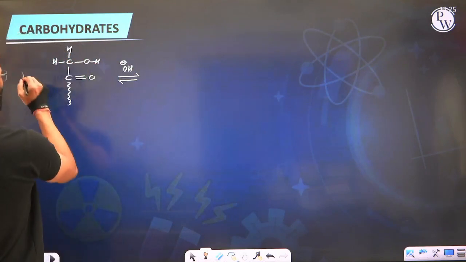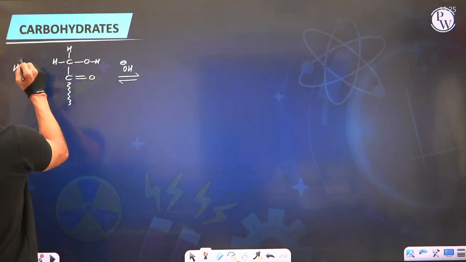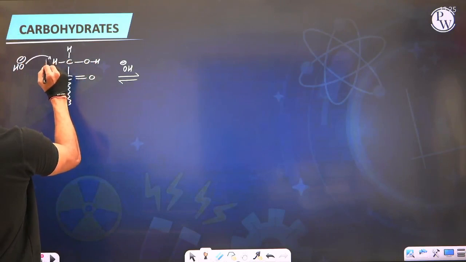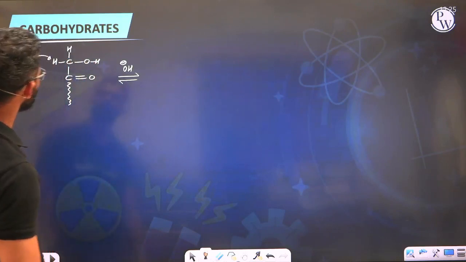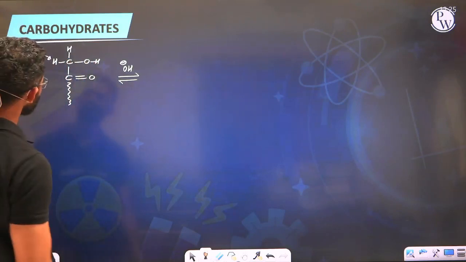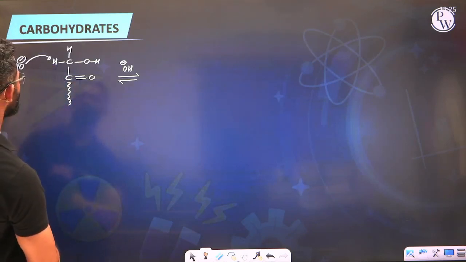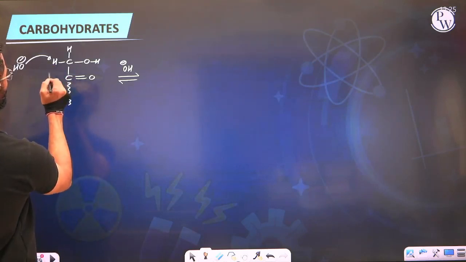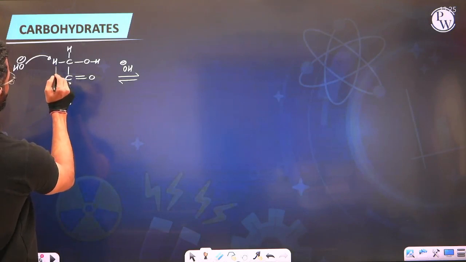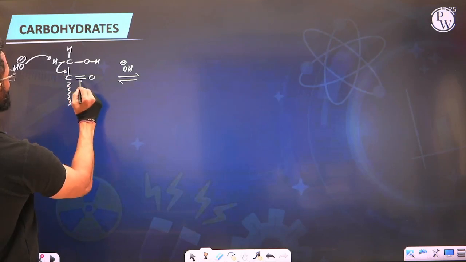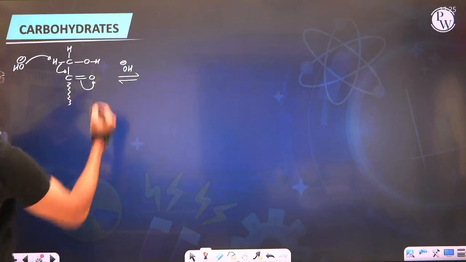So this OH minus I'm showing from here, being a base, will attack at H plus. Right everyone? Now after loss of this H plus, hold on everyone, this sigma bond will delocalize back here. This bond will go back on O to make it O minus.